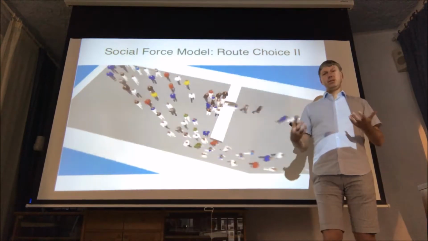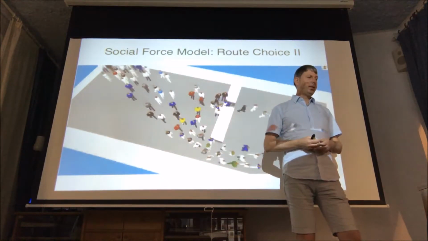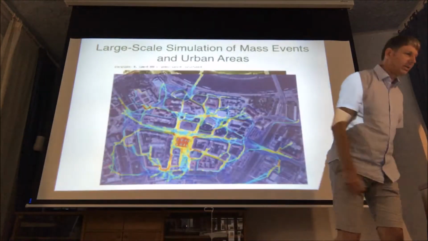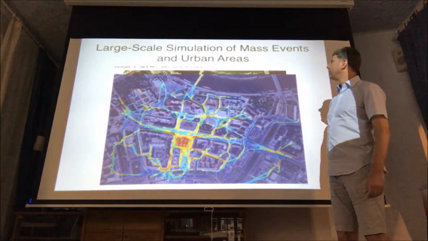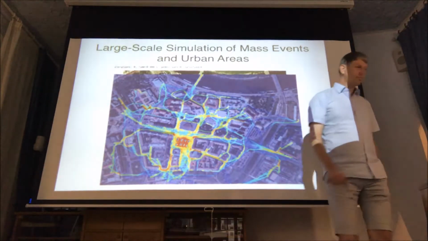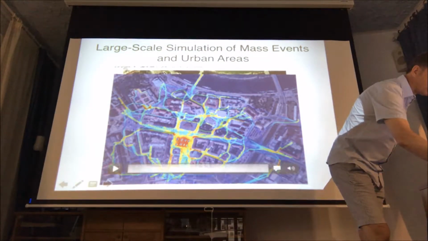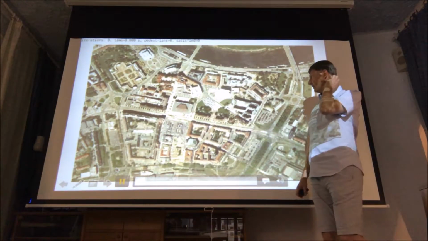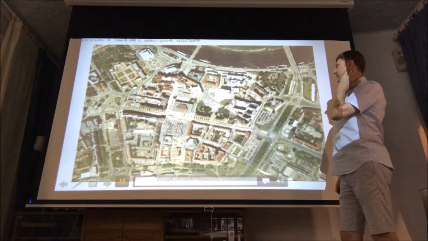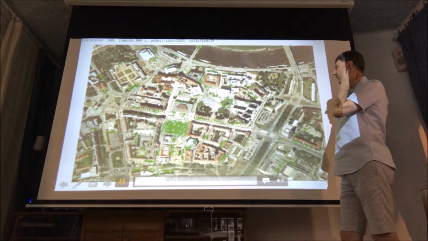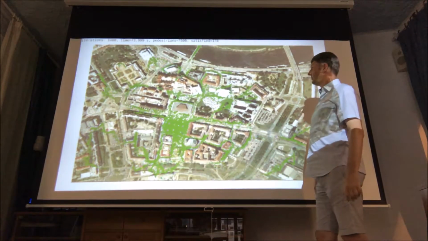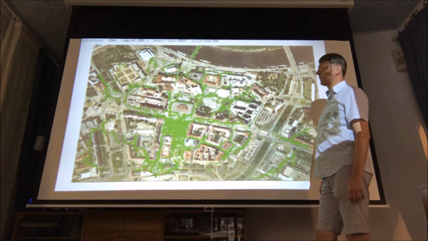Right? Once we have done all these things, you can start basically simulating complex environments such as urban areas. Hopefully this is working. So this is the center of Dresden, and we were at that time simulating 30,000 pedestrians in a hypothetical scenario.